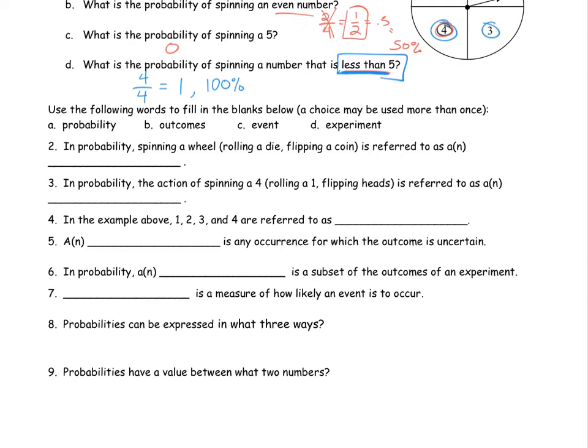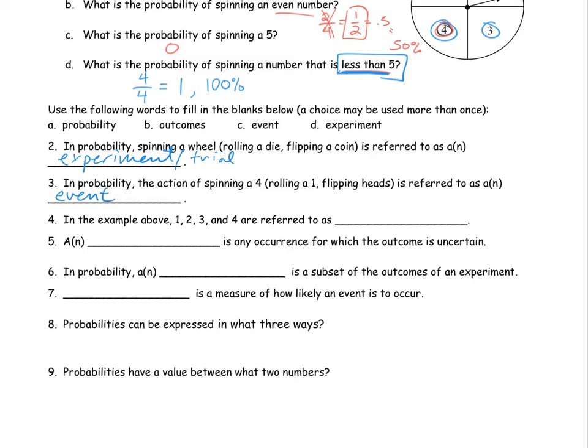So, number 2: in probability, spinning the wheel, like we were doing up here, is referred to as an experiment, which we can also call a trial. In probability, the action of spinning a 4 or rolling a 1, if you have a die, or flipping a head, is referred to as an event.